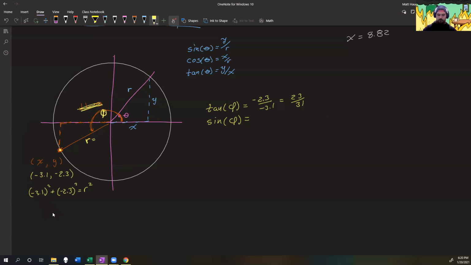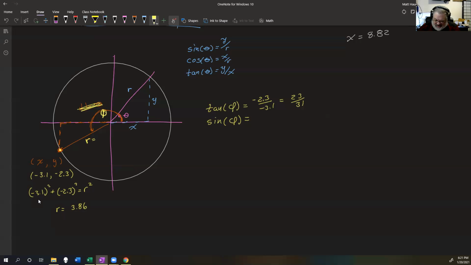50.85, or just 8 if you want to round it to 1. 50 is way too large. Yeah, it would be 6.86, wouldn't it? What did I do wrong? Did you not square root the end result? I did not square root the end result. 3.86. 3.86 seems fairly reasonable.